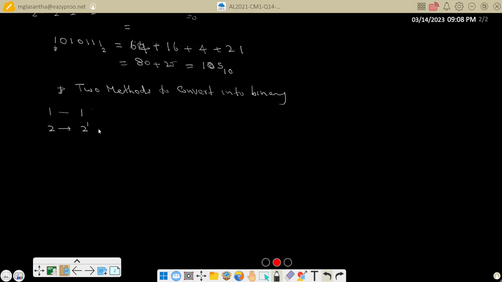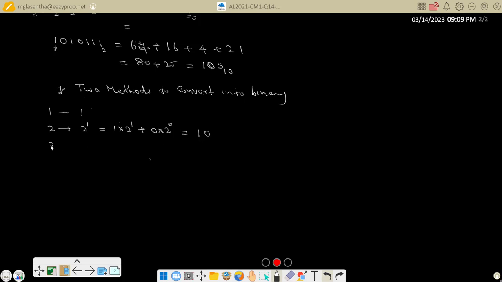So you can write 1 into 2 to the power of 1 plus 0 into 2 to the power of 0. Okay? So this equals 1, 0.